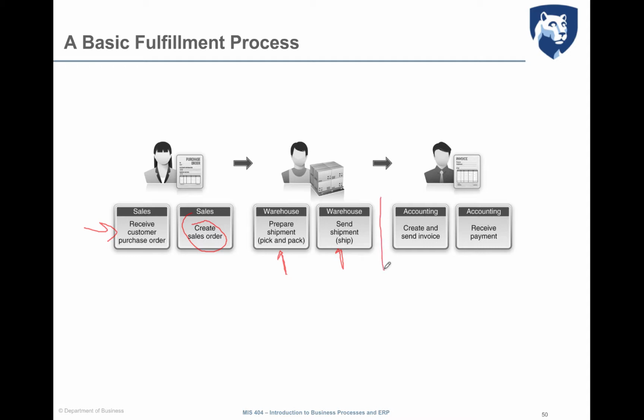Once the product has been received and the customer is satisfied, the sales company, the supplier for the customer, will prepare the invoice and send it to the customer, who will then pay the company.